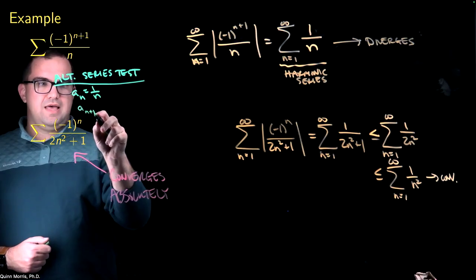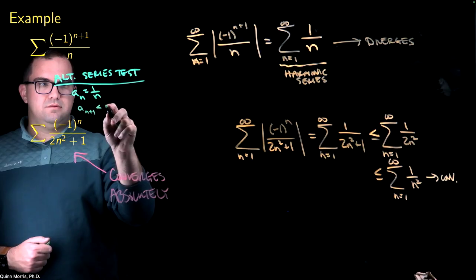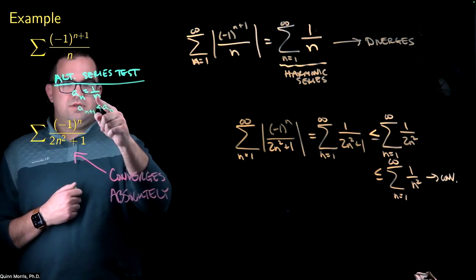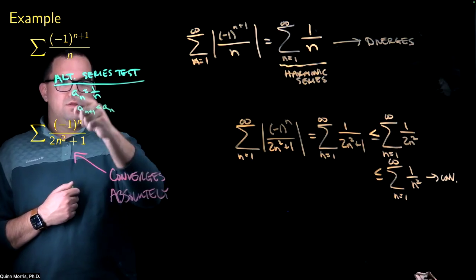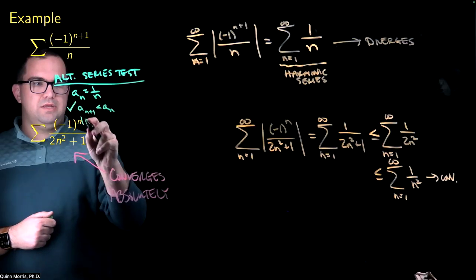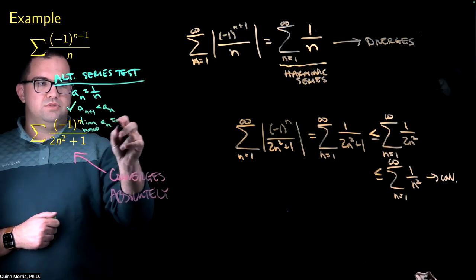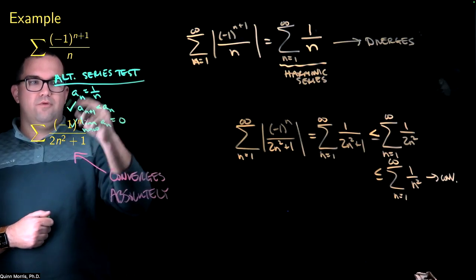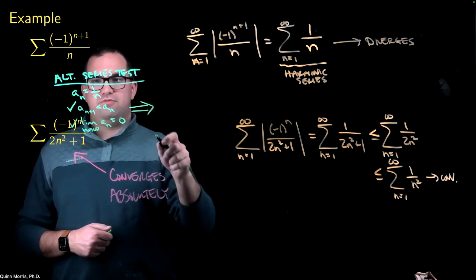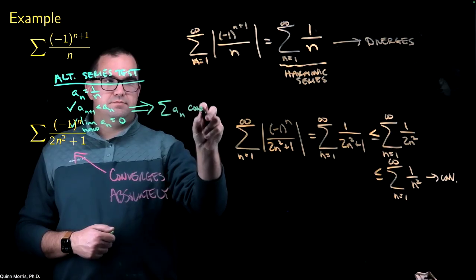The first is that the series is decreasing. Here that's clearly true. As n gets larger, the whole thing gets smaller. And then I also need to make sure that these are not just decreasing, but they're decreasing to 0. Clearly 1 over n is going to 0. And the alternating series test says, well, if both of those things are true, then this series converges.